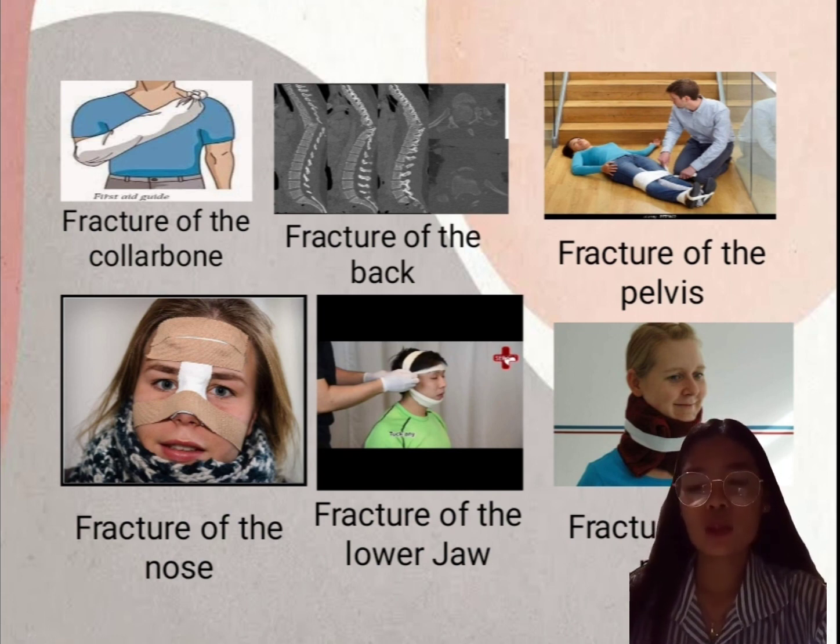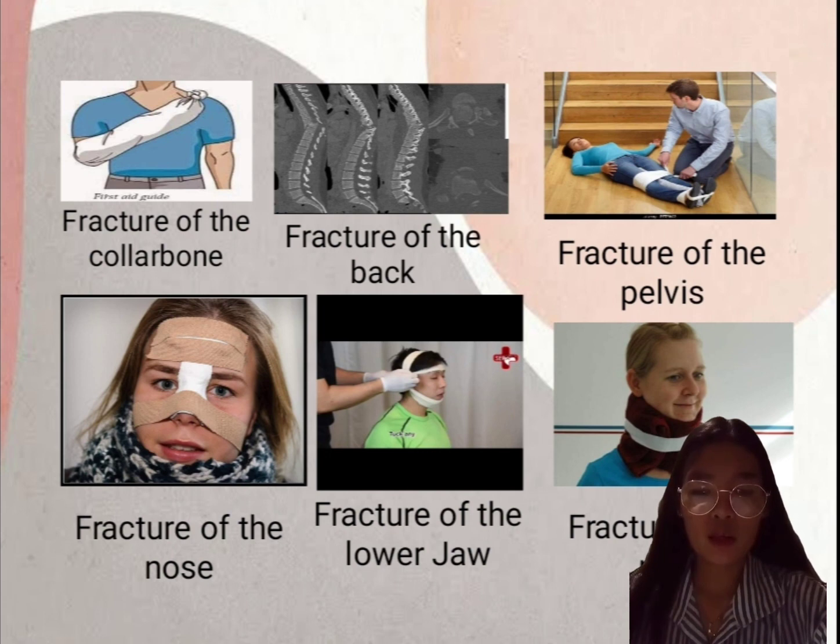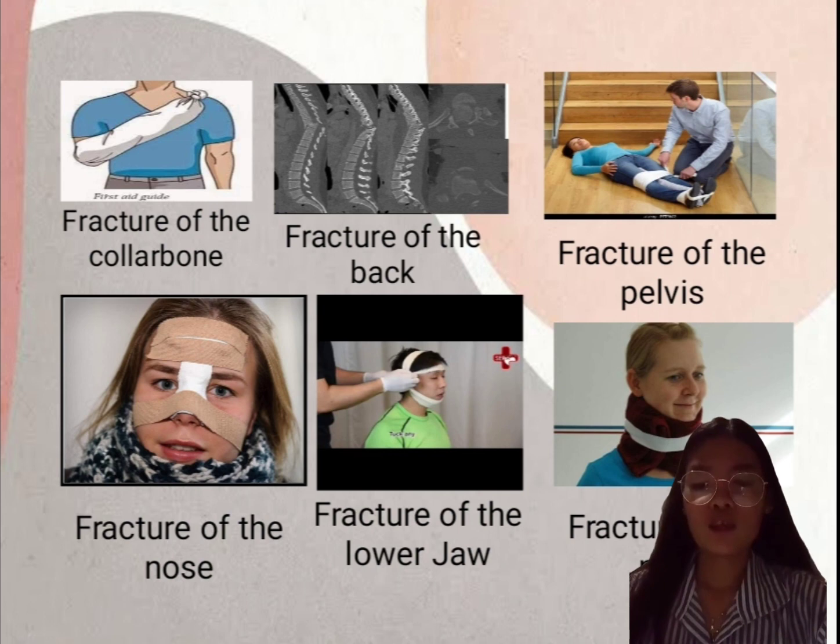Patients usually raise the arm above the shoulder and support it at the elbow by the hand of the other arm. If the arm is hanging, the injured shoulder is lower than the other.